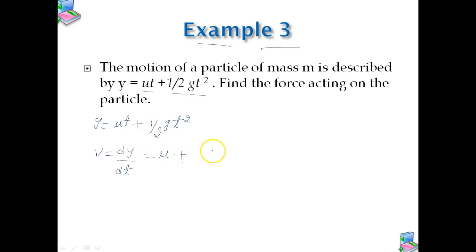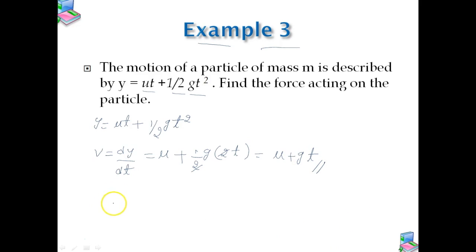Plus half gt square. Here the differentiation is 1 by 2 g, and t square will become 2t, isn't it? And this 2 and this 2 cancel, and we get u plus gt. So this is the velocity equation.